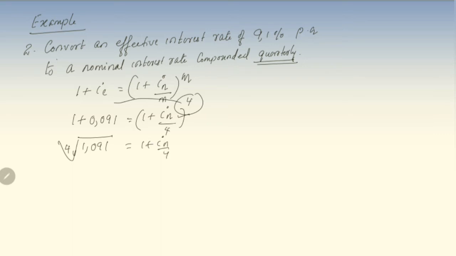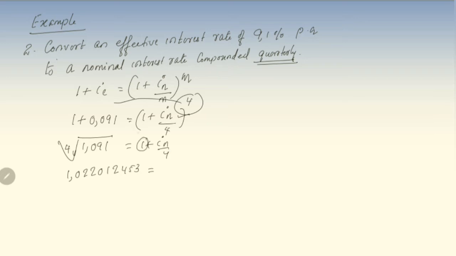You will get the fourth root like this: 1,022012453. You have to write everything. Don't round it off here. It is equal to 1 plus i nominal divided by 4.